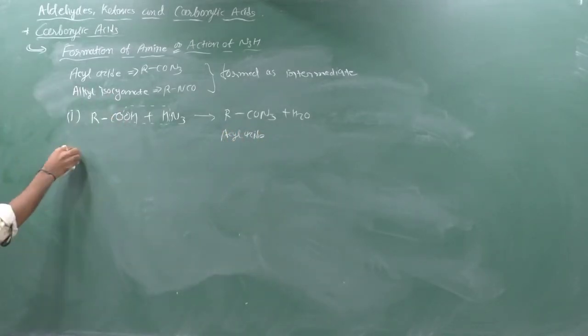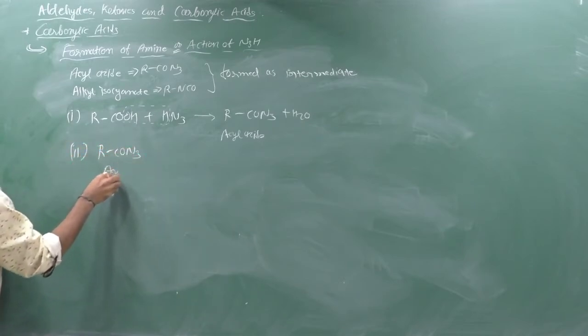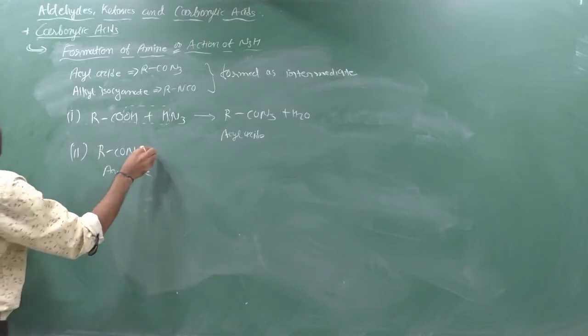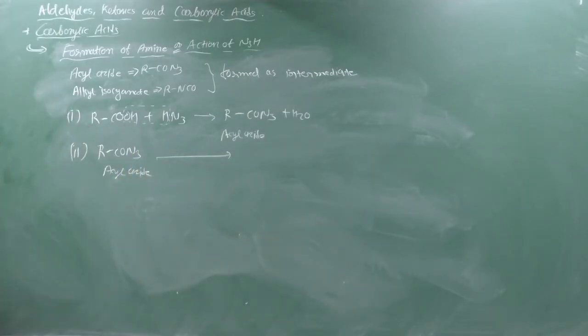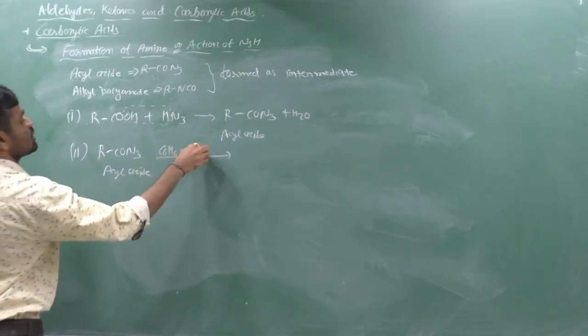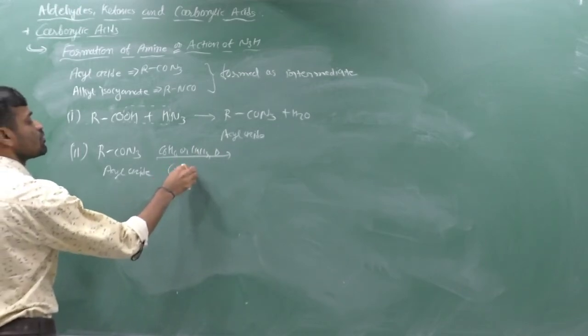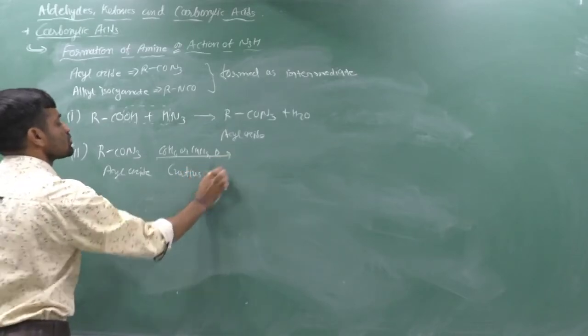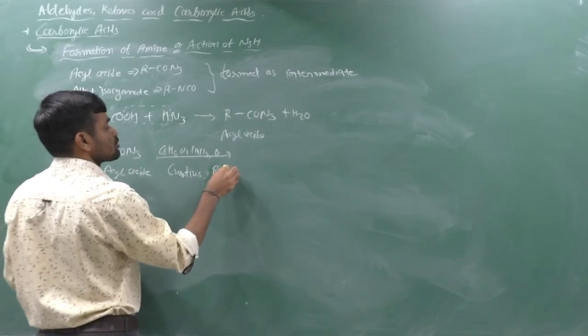Now this acyl azide, RCON3, is treated in the presence of inert solvent C6H6 or CHCl3. You can heat it, and this step is particularly known as Curtius rearrangement.